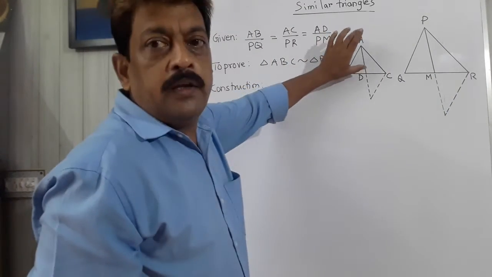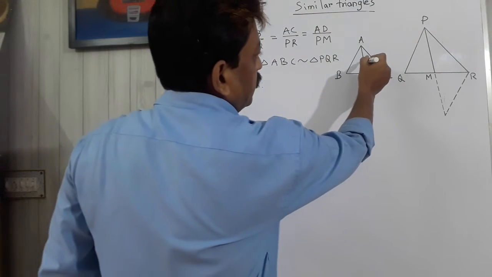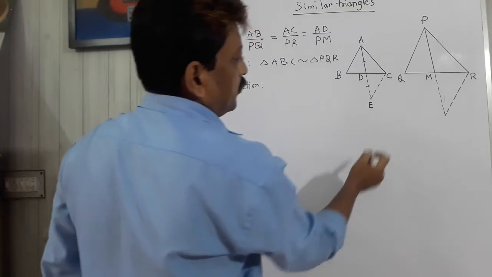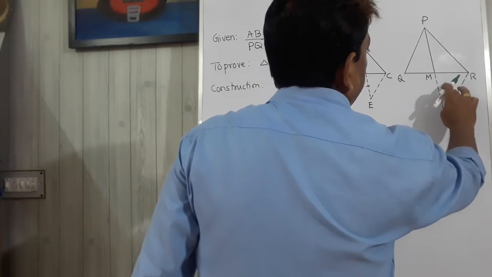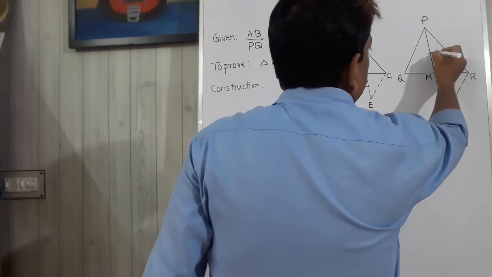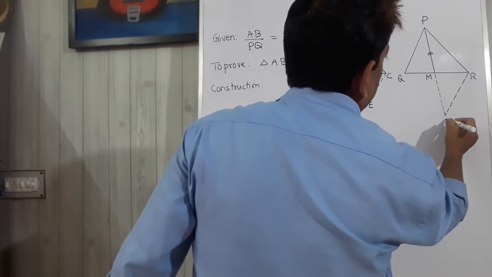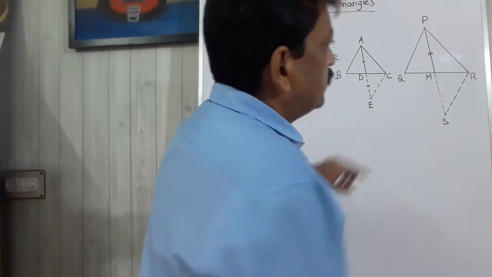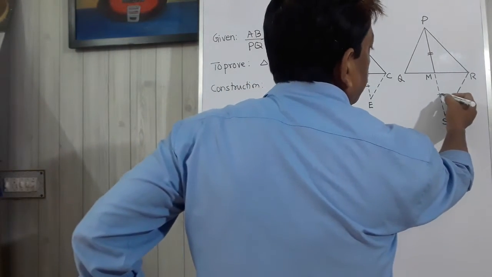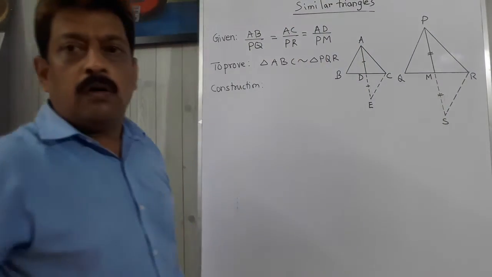So here AD is produced to E such that AD equals to DE. Then E and C are joined. Similarly, PM is also produced to S such that PM is equals to SM, and S and R are also joined.